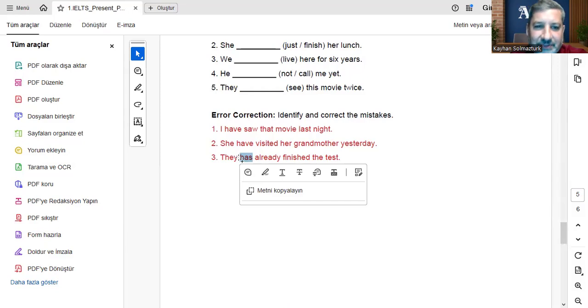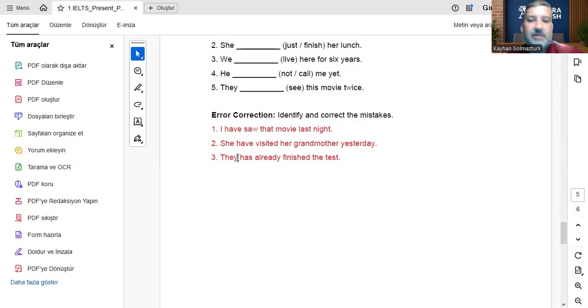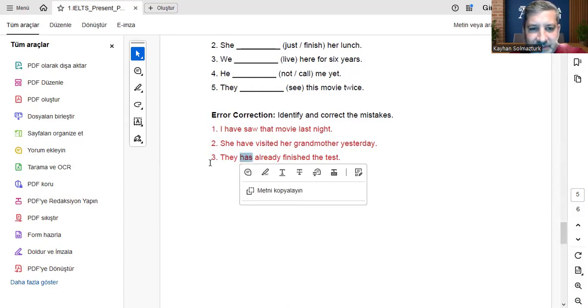So it's not a singular verb with a plural subject; in accordance with a plural subject, it should be a plural verb. So we have to remove "has" and replace it with "have," right? So: they have already finished the test.